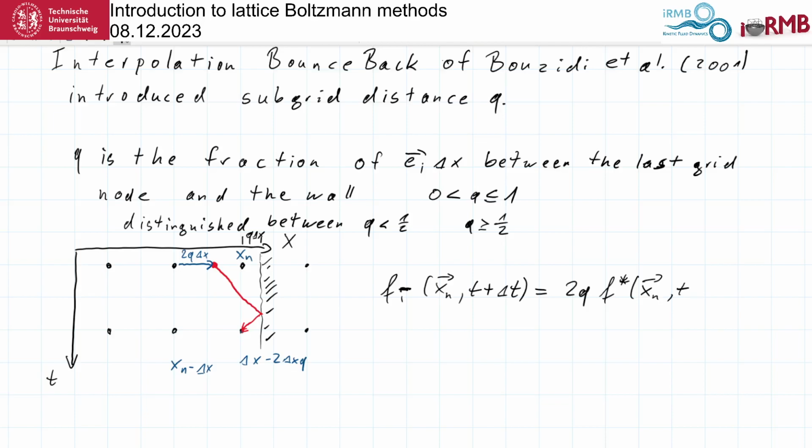This is the lever law, or the linear interpolation.